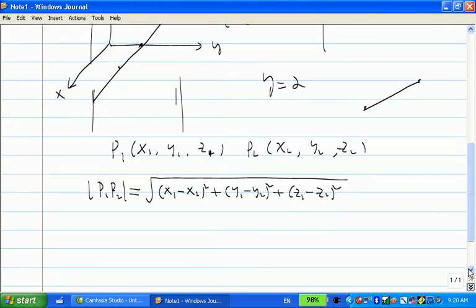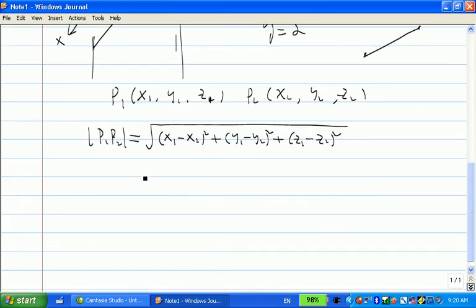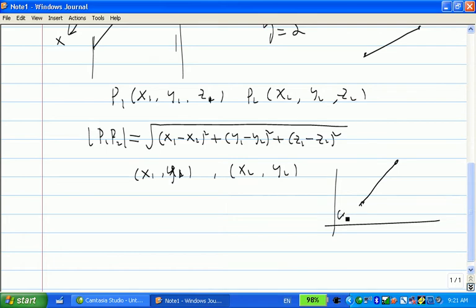Why do we get this formula? Just think about it in 2D. If you have two points on the plane, x1, y1 and x2, y2, how do you find the distance? Say this is x1, y1 and this is x2, y2.